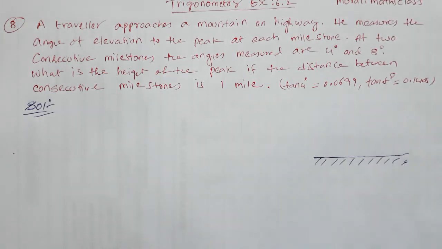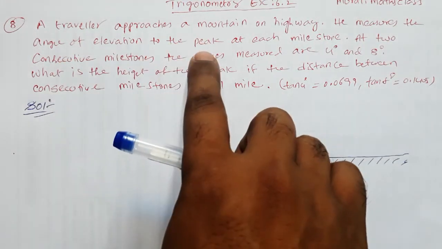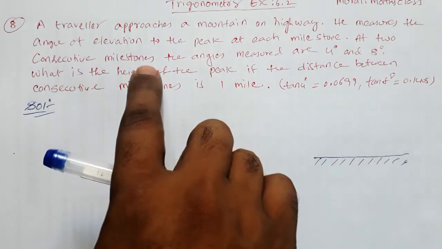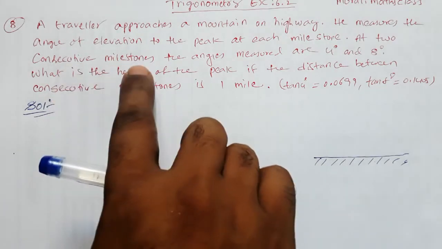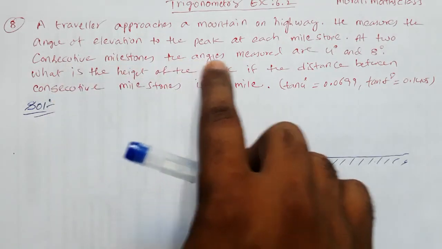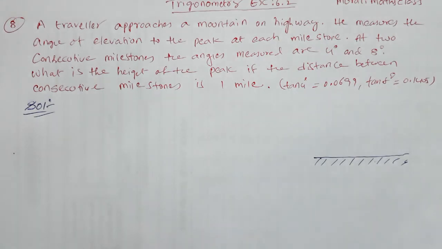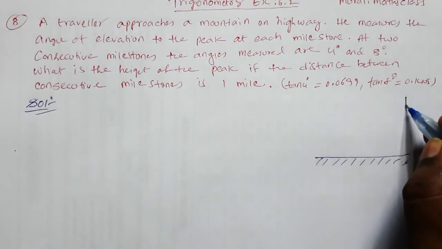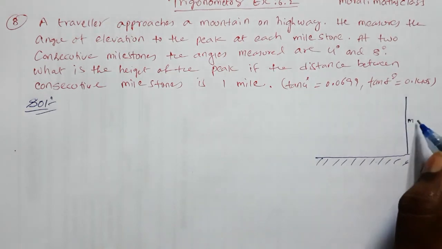He measures the angle of elevation to the peak at each milestone. At two consecutive milestones, consecutive means one after the other, the angles measured are 4 degrees, 8 degrees. So first we take the mountain. Let us draw the mountain like this.